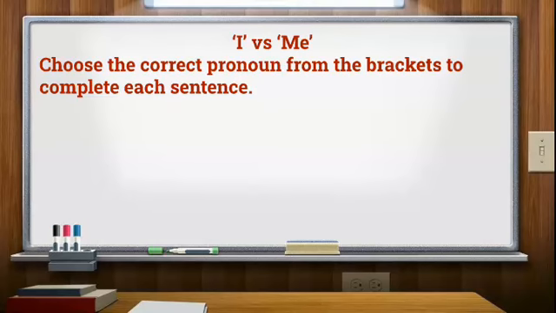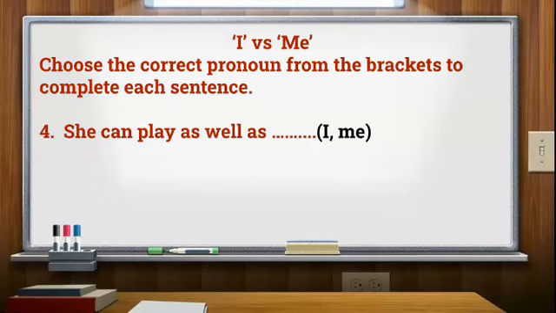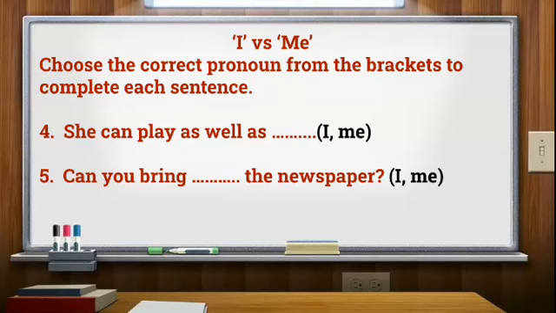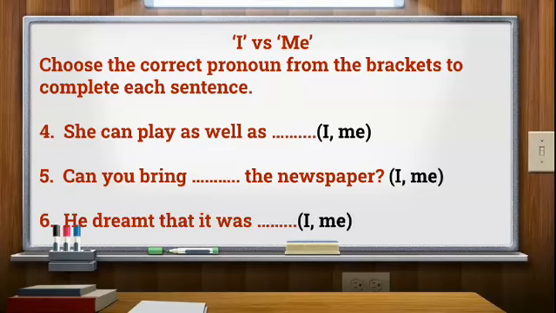So let's go with our other sentences. Number 4: She can play as well as, is it I or me? Number 5: Can you bring I or me the newspaper? And number 6: He dreamt that it was, is it I or me? So let's go with our first answer.